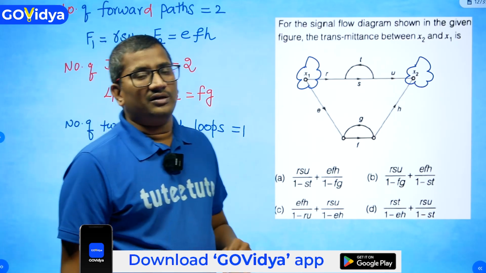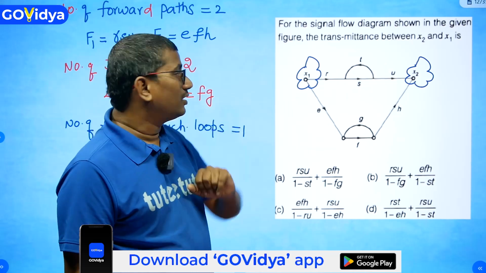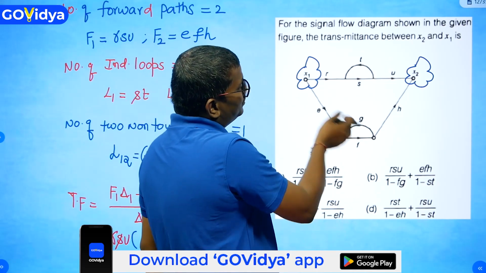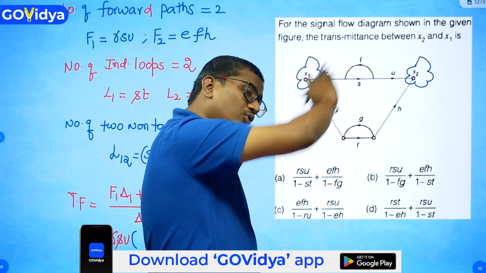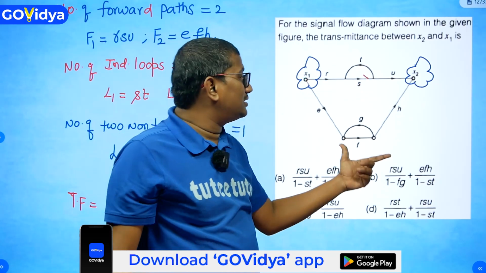Delta 1 is nothing but the value of delta which is not involved in the first forward path loops. So tell me how many loops are there? Two loops. The ST loop is involved in the first forward path. So which loop is not touching this forward path? This is the one, right?